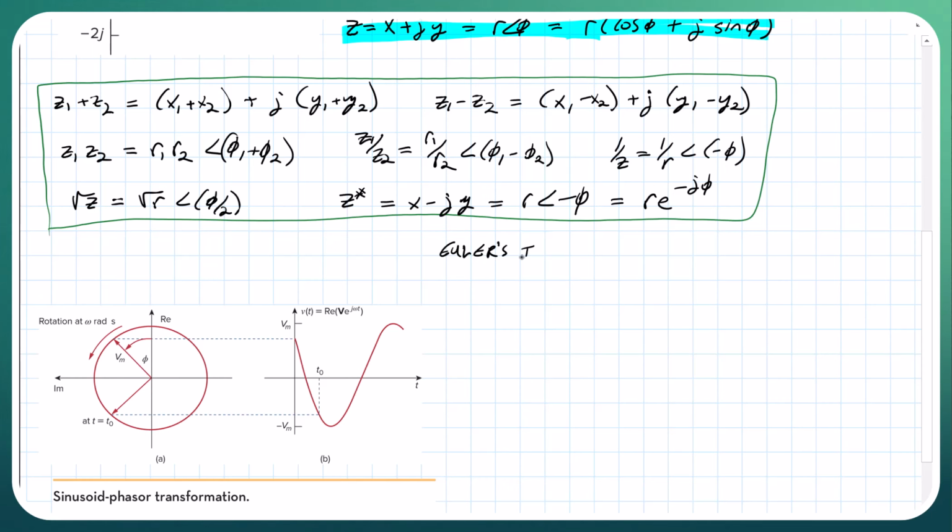Essentially what that says is e to the plus or minus j phi is equal to cosine phi plus or minus j sine phi.